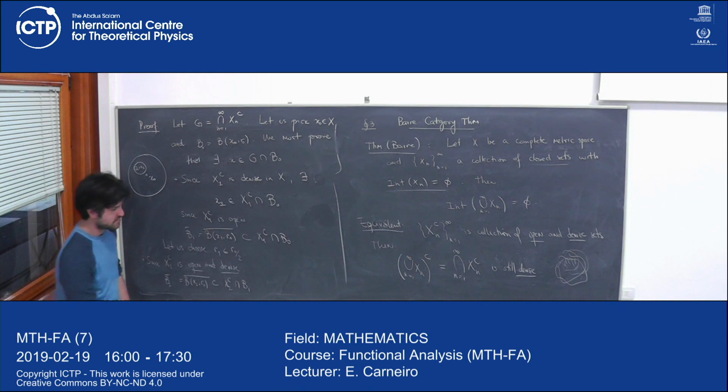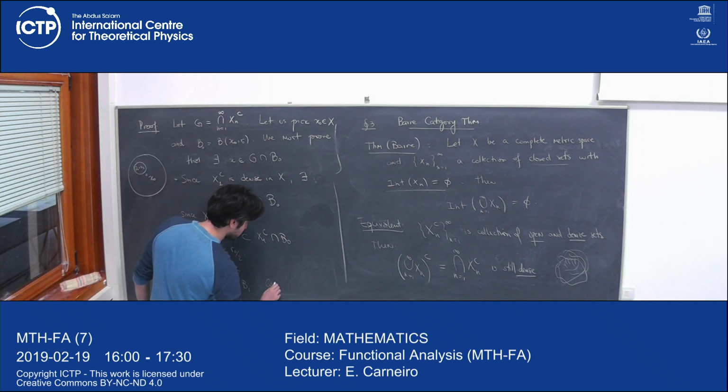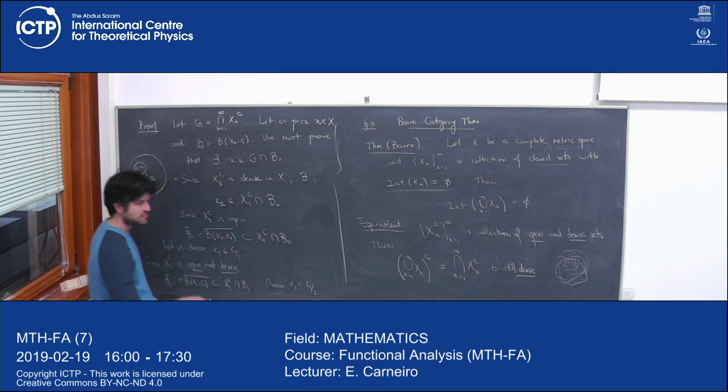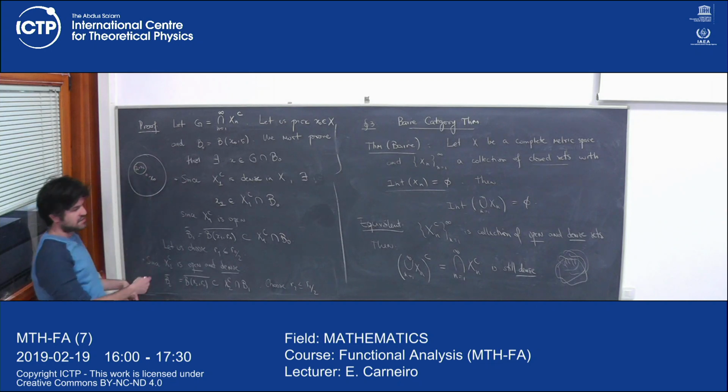And you can choose how small this radius is, and you choose this R2 to be less than R1 over 2. You always choose the radius to be at most half of what it was before.